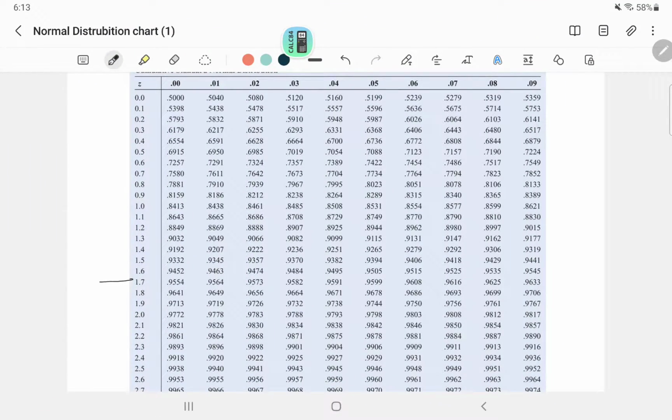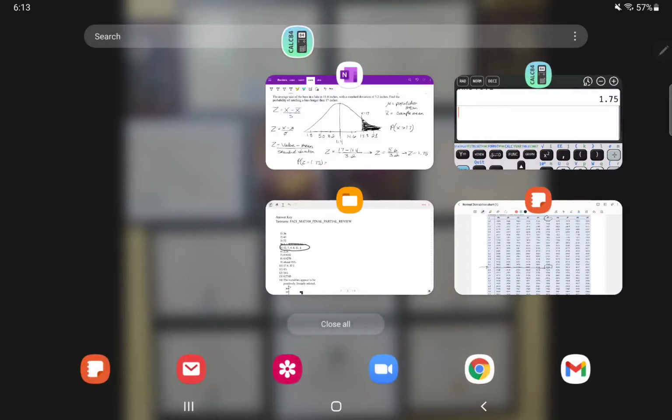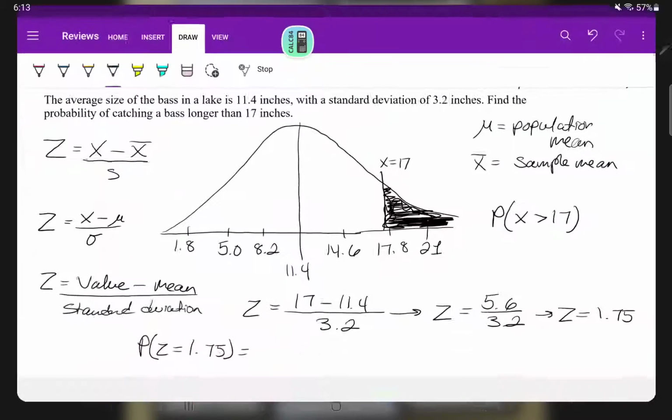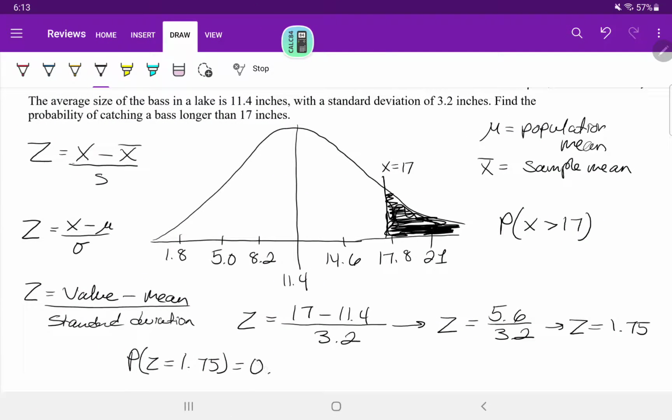1.75. Here's 1.7, and there's the 5 above. That is going to be 0.9599. Don't stop there, because this is not your answer.